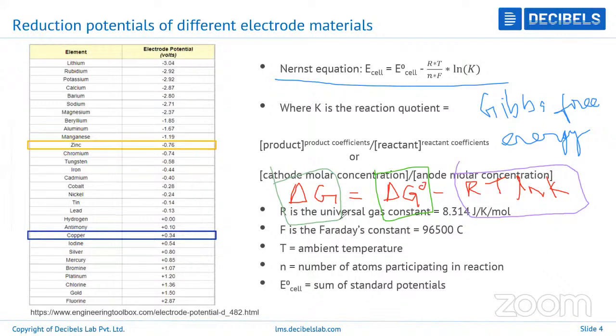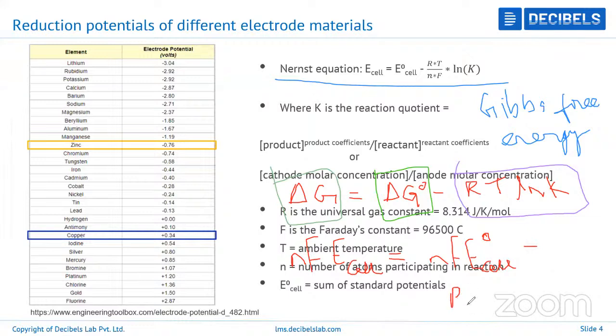So this is the basis of the equation, and then further, if we simplify this, we know delta G is a product of the number of electrons participating in the reaction, the Faraday's constant, and the cell potential E. So delta G is equal to minus NF E cell, and delta G naught is equal to minus NF E naught cell, where E naught is the standard potential of the cell.